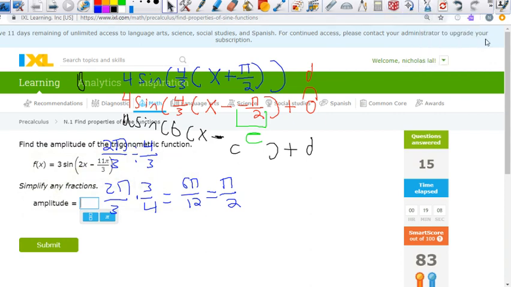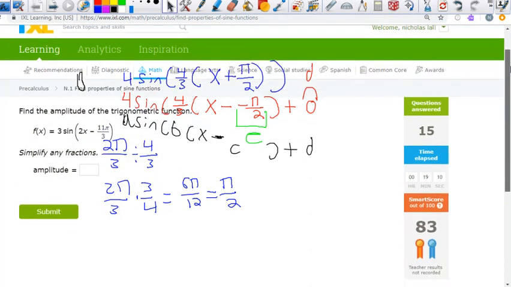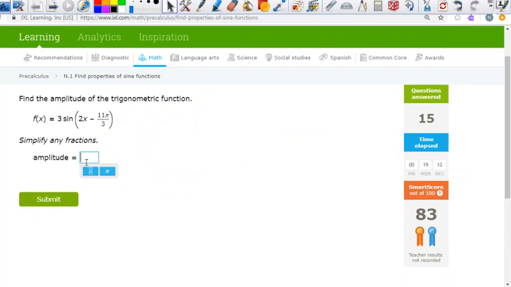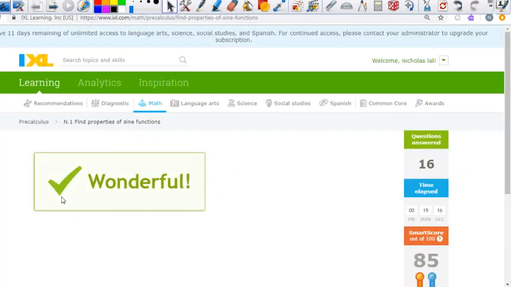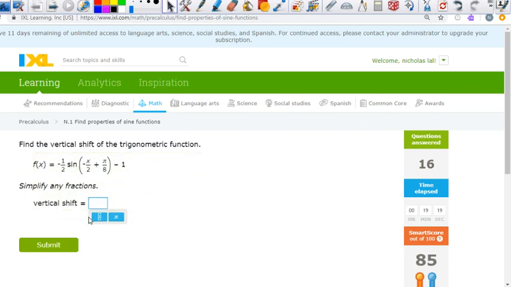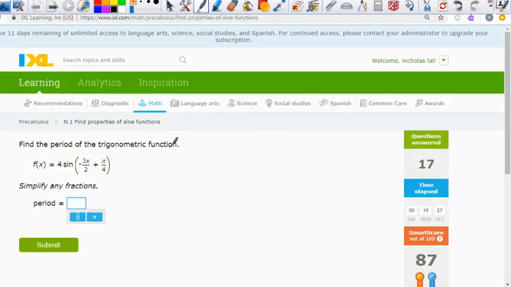Clear annotations. I'm going to do this. Amplitude is 3. Vertical shift is -1. Our period is 2 pi. Our period is always positive, by the way.